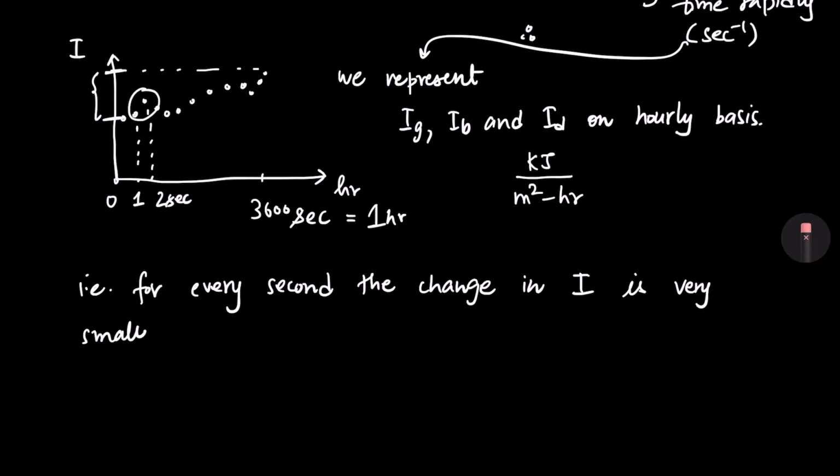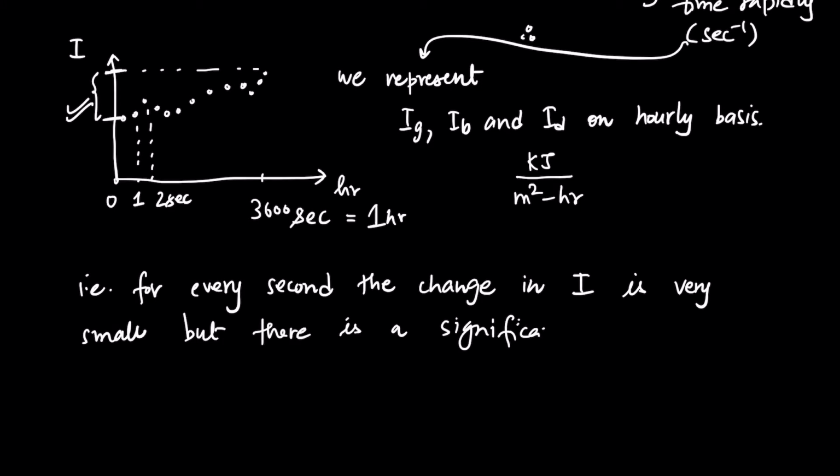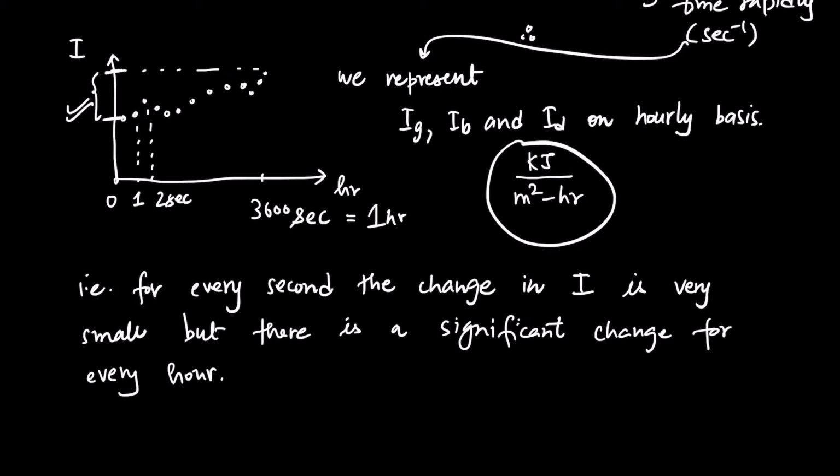But on an hourly basis, there is a significant change for every hour. That's why the unit changes from joule per second meter square to kilojoule per meter square per hour.